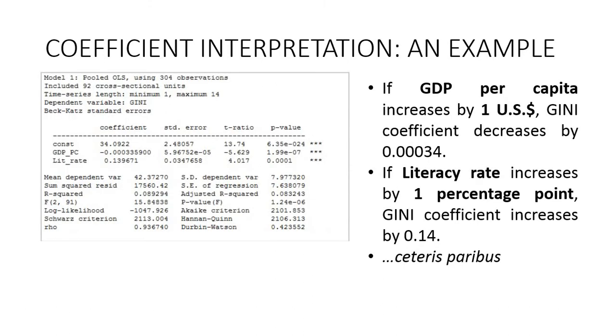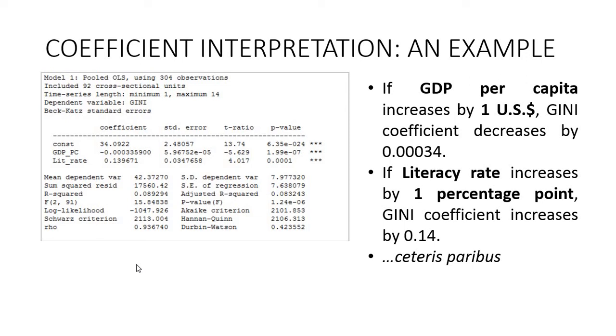We can consider another example. So this is an output of a regression model where Gini coefficient stands for the dependent variable, and GDP per capita and literacy rate, the percentage of adult population being able to read and write, stand for independent variables. So now we shall interpret those coefficients. GDP per capita has a negative coefficient, and it is expressed in US dollars.